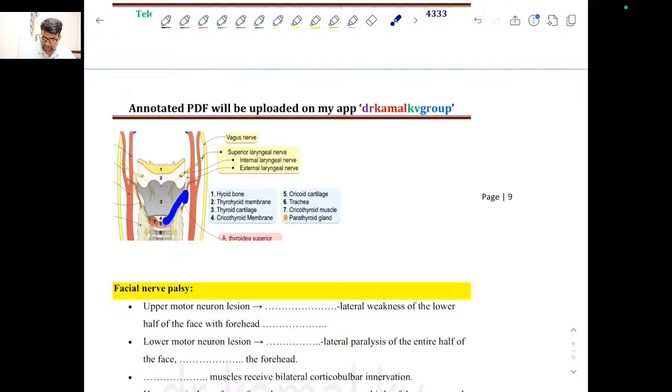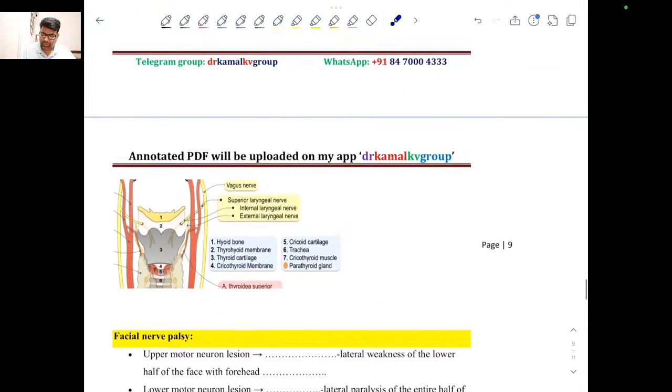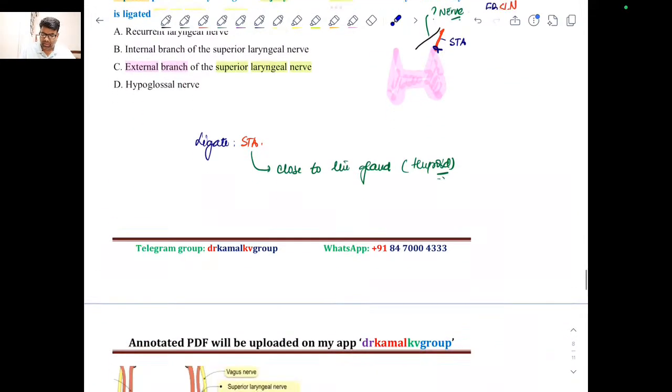So it is somewhat like an inverted V. If you are tying it very far, you can ligate both the nerve and the artery in the same ligature, or you can injure the nerve as such. So better ligate the artery close to the gland so that the chance of injury to the external branch of superior laryngeal nerve is minimized. So that's very important. Okay, so this we have already discussed here.